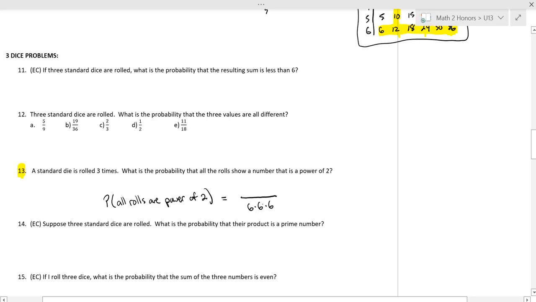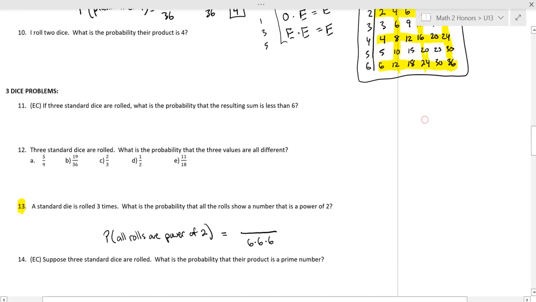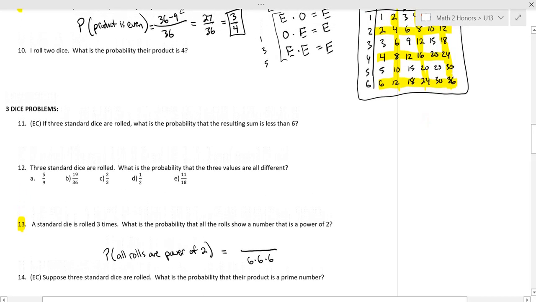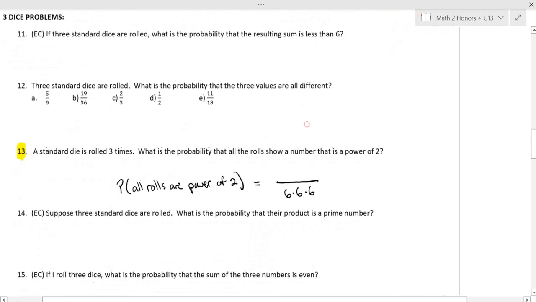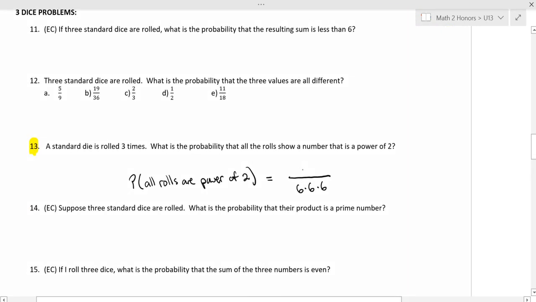But 6 times 6 times 6, that's getting a little crazy here. So I don't want to list all these, and I wouldn't want to create a table. I'm going to want to think about another method, like how can I find this numerator instead of having to look at all those different possibilities.